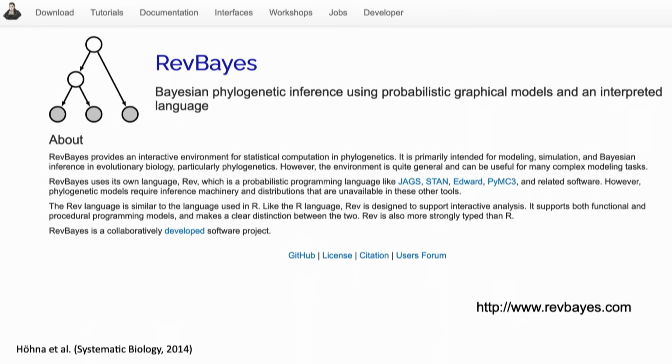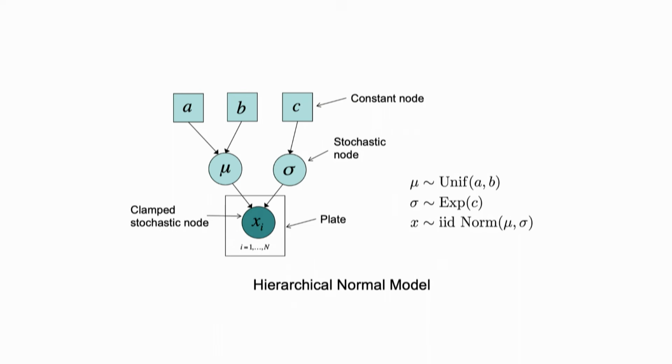So that's the basic idea in RevBayes. And I learned graphical models from the documentation of BUGS, so I guess this would be familiar to most of you here.